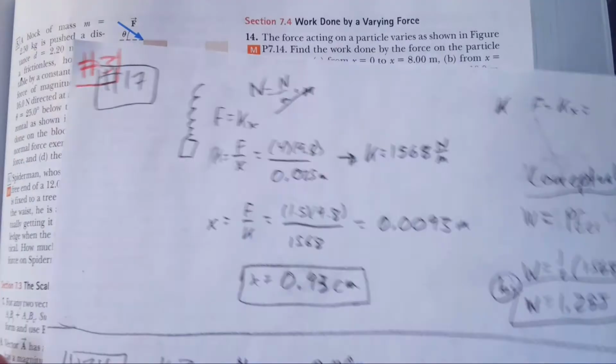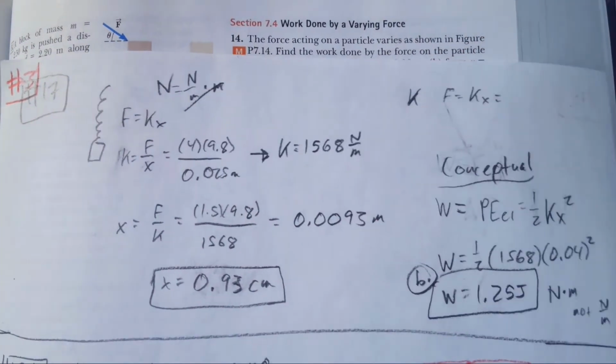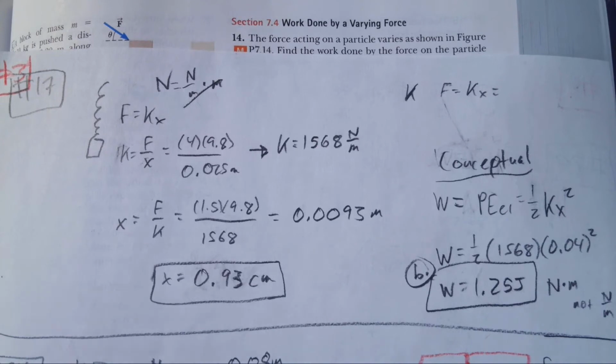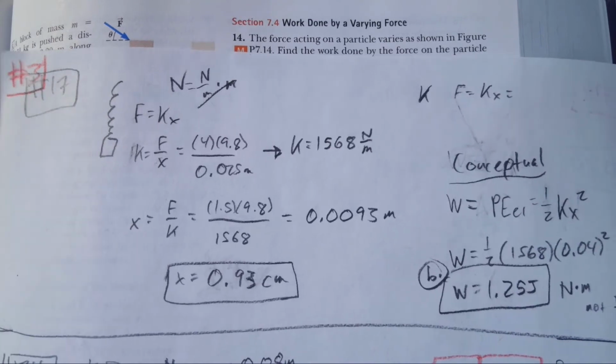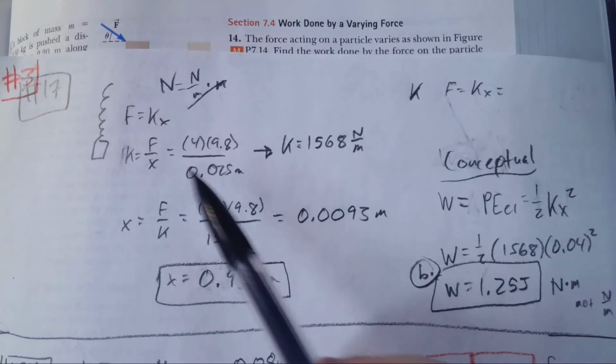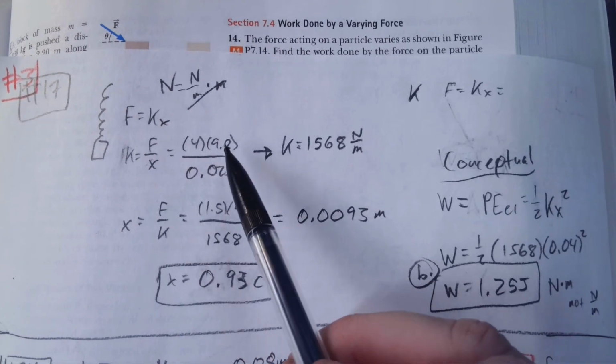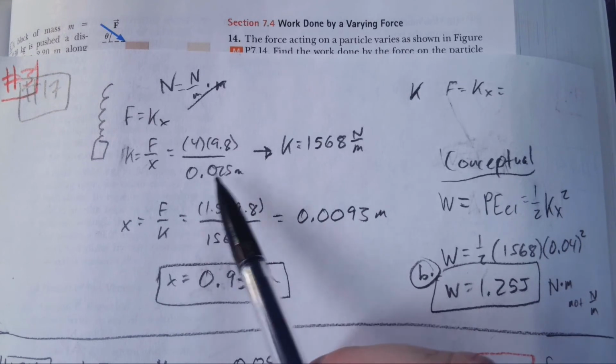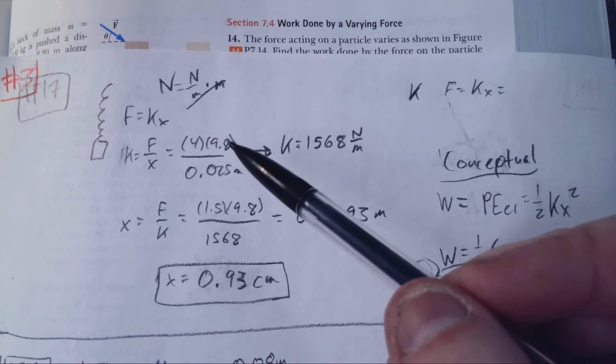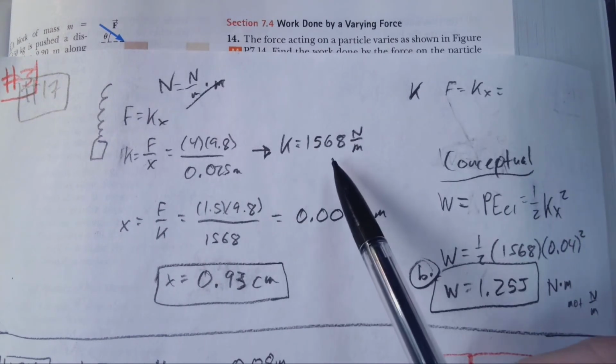We realized that if we use F equals kx, which is Hooke's law, and I'm ignoring direction this time because I just want the magnitude, the spring constant is the mass times gravity divided by the distance. So given the mass, we can calculate the spring constant.